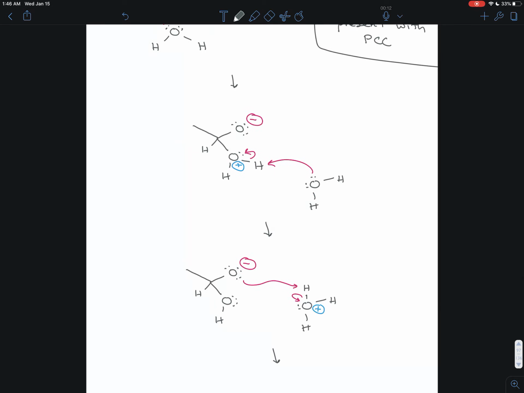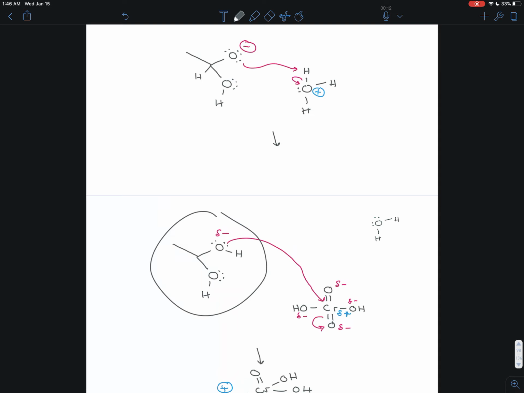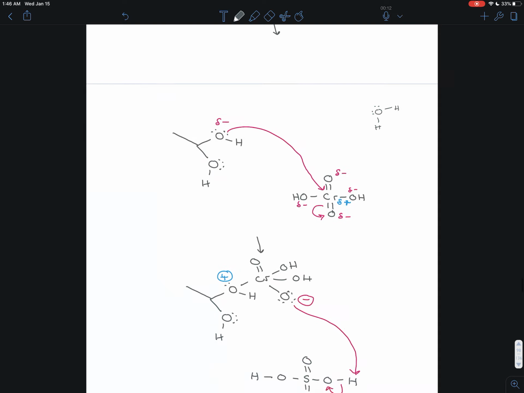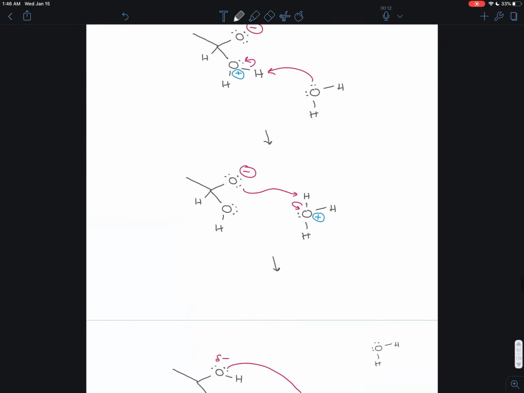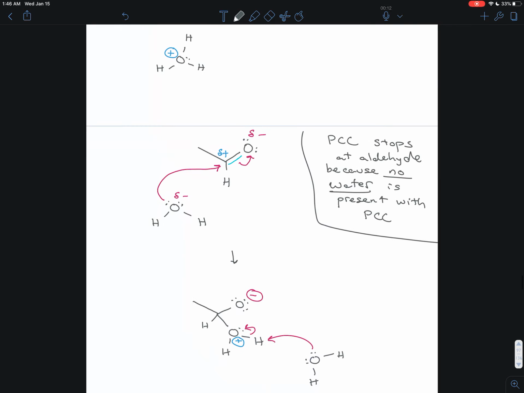You don't form the hydrate. So you don't get the alcohol back, and so you don't have an alcohol oxygen that can attack the chromium to do another oxidation. So it stops here. So PCC stops here.